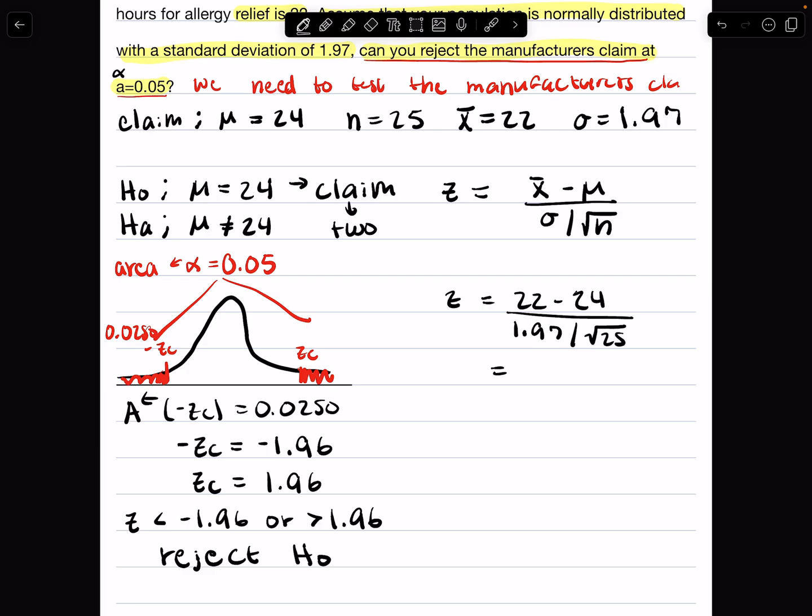If you put that in your calculator, you will get negative 5.08 rounded. Now remember, we always round z-scores to how many decimal places?